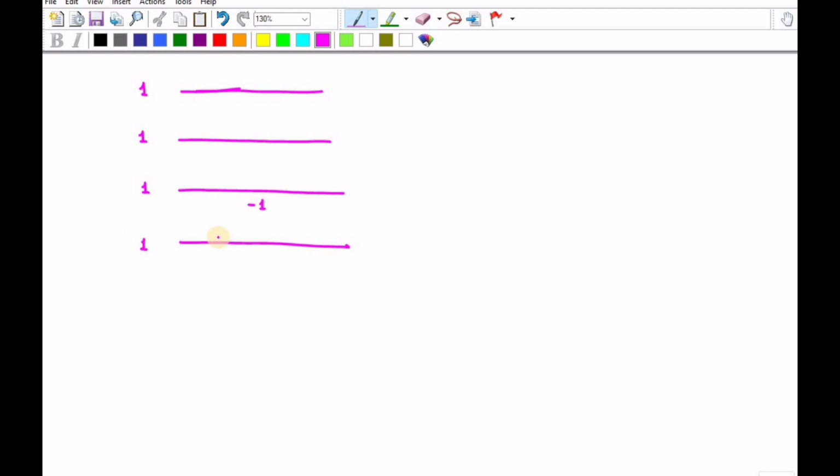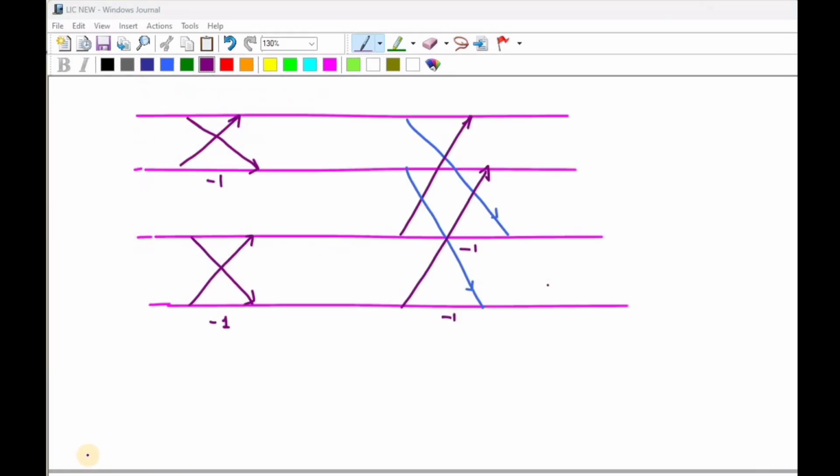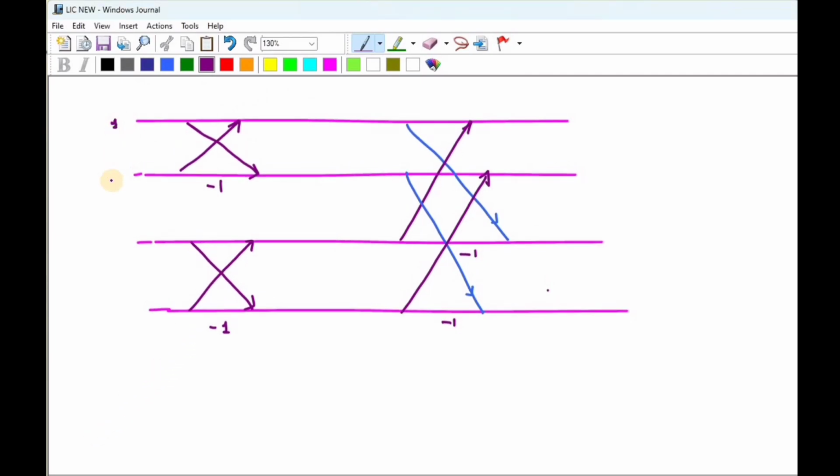Sorry, this is how my diagram is. So this is my diagram: 1, 1, 1, 1. This is the x of n value, and you will get the capital X of k value here.